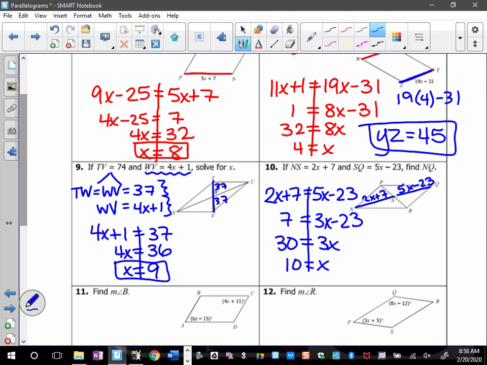Divide, and you will get 10. It asks me for NQ. NQ is the whole thing, but I can just plug into both parts and figure out what's going on. So 2 times 10 plus 7 is 27. And then 5 times 10 minus 23 is 27, which is what we hope for. When I put those together, I get 50.